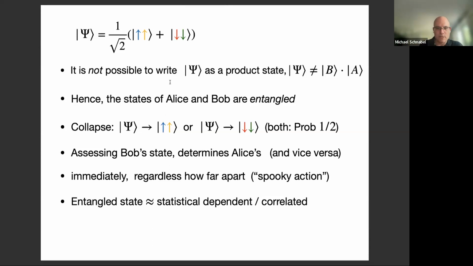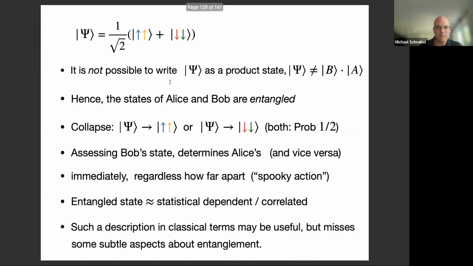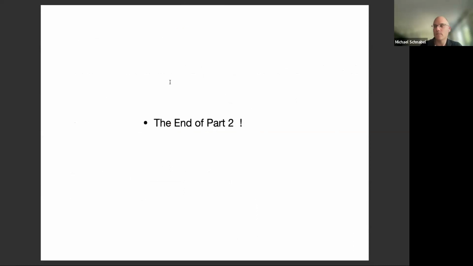I think we talked about this, that the entangled state is the analogue of statistical dependence or correlation. And I mentioned that there is a subtle difference between entanglement and correlation. And that's it. I think we are good in time this time.